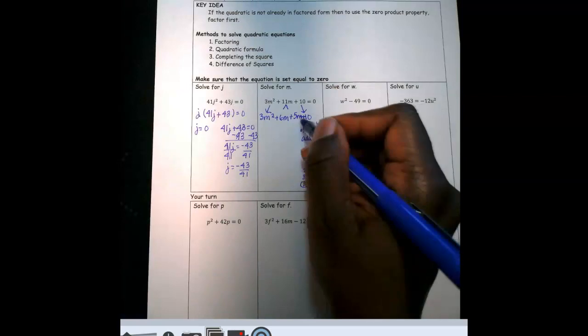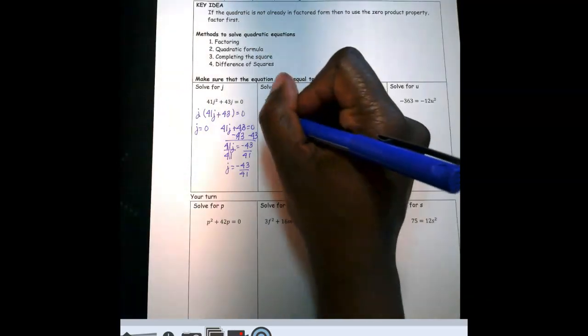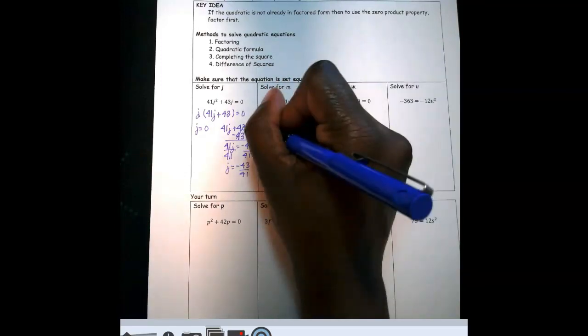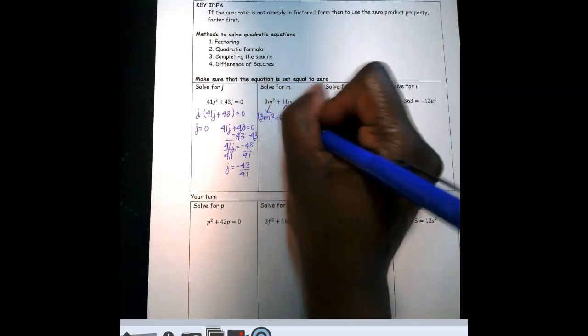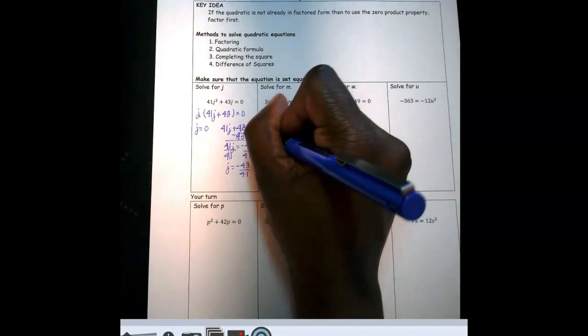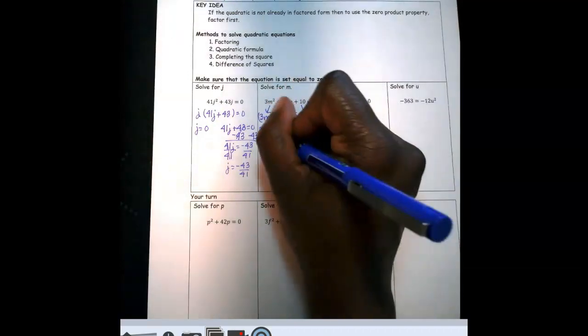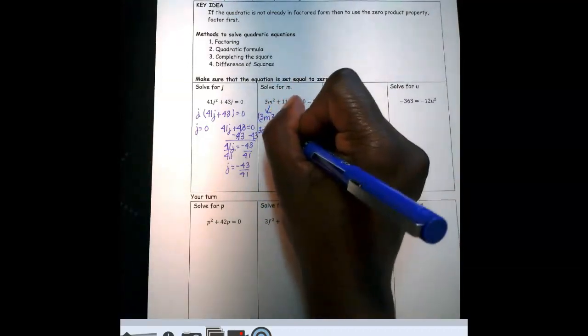That kind of looks all scrunched up together, but then we're going to group both terms, and I've got 3m squared plus 6m, and I'm going to use the greatest common factor for those. They have 3m in common, so that leaves me m plus 2.